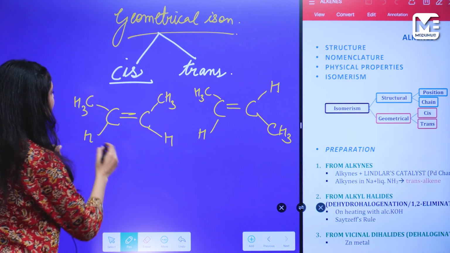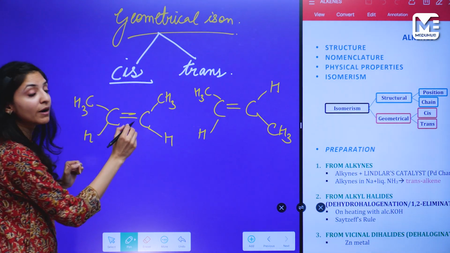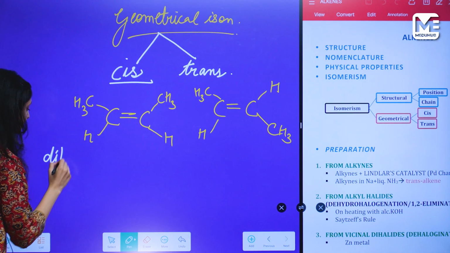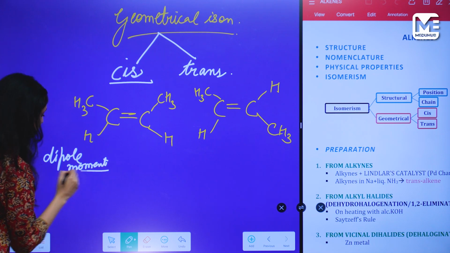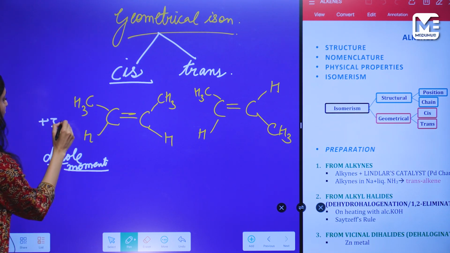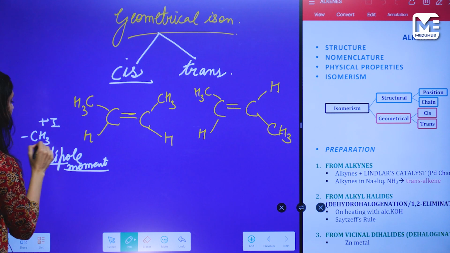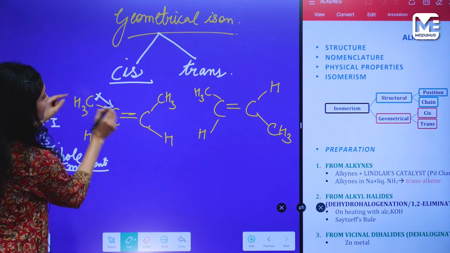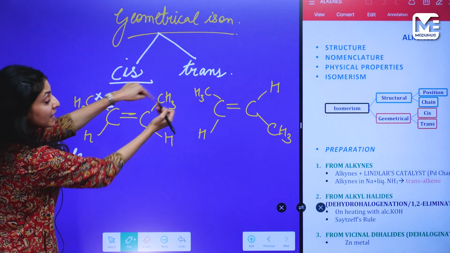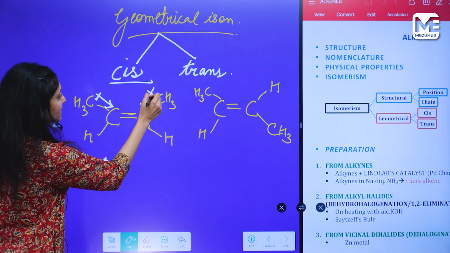In case of cis alkenes, you will see that if we talk about their dipole moment, which is due to the plus I effect of the CH3 group, can be drawn like this. Here, because it has a plus I effect, this can be drawn towards this side.